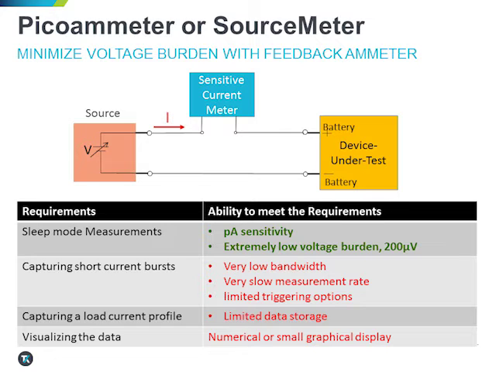Voltage burden on Keithley picoammeters and source meters is specified to be below 200 microvolts. However, these meters are primarily DC instruments. They cannot help to acquire the active mode current bursts. We still have solved only one part of our multi-part measurement challenge.